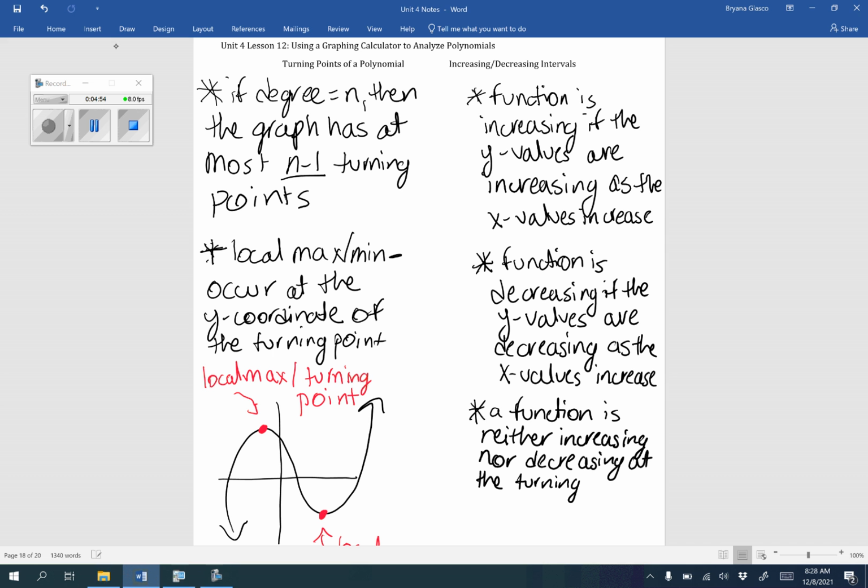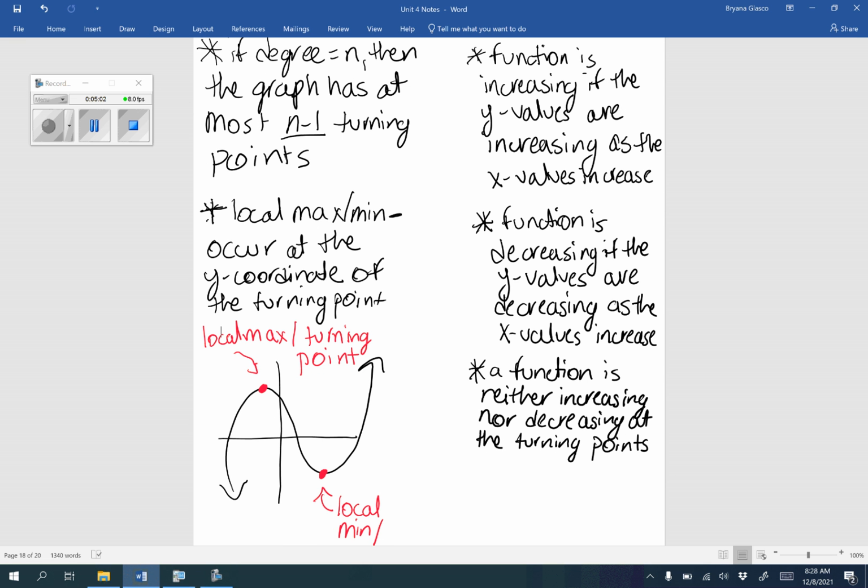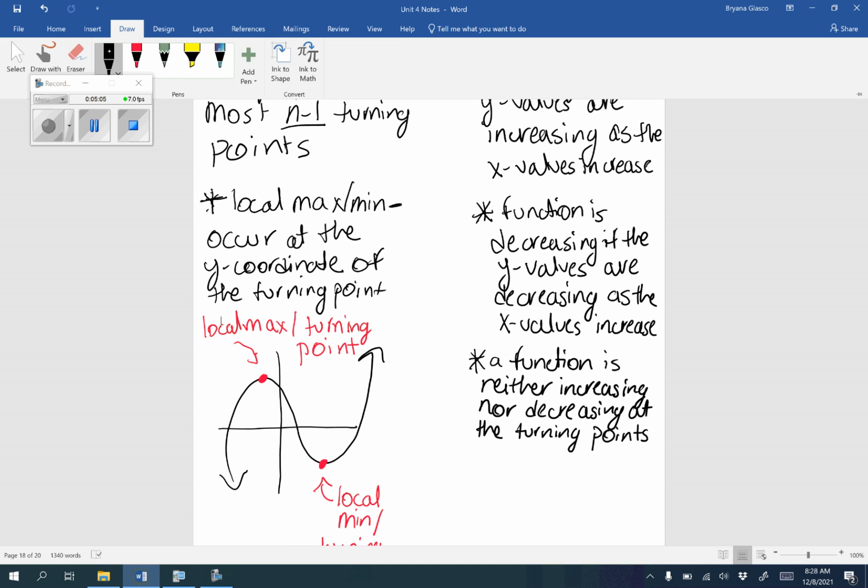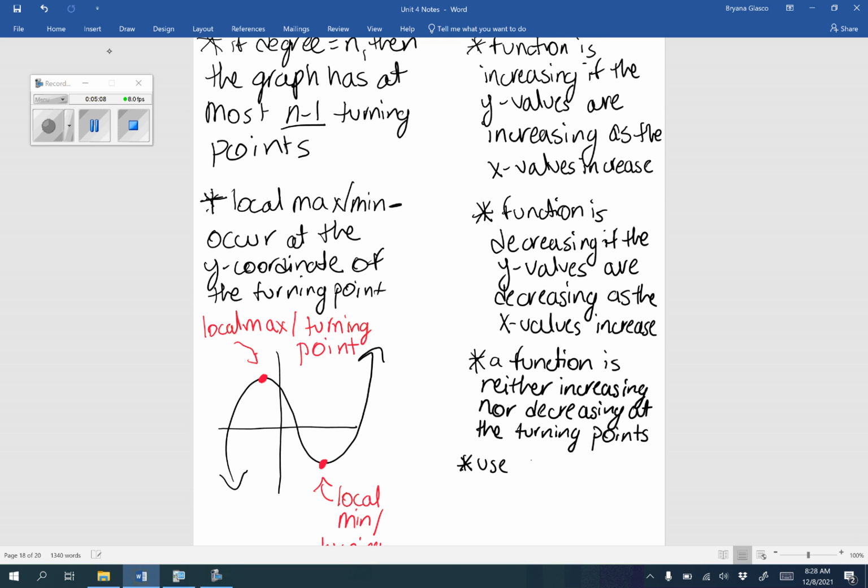So when we write our interval, we're going to use our x values, okay? And when we do examples like this, you're going to notice that we use parentheses instead of brackets, so we're writing in interval notation. It's because when we're at those turning points, as we said, it's neither increasing nor decreasing at that point. So that point won't be included, but everything before it or after it will.